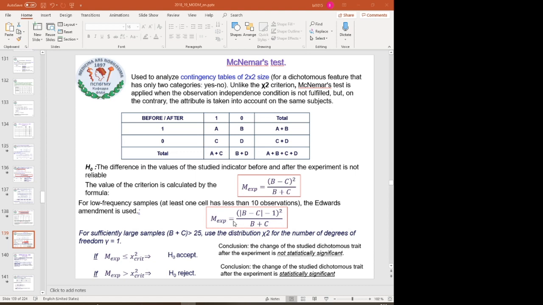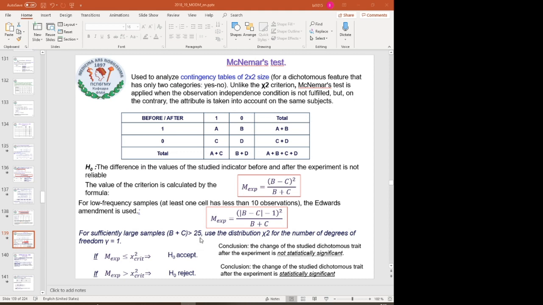Then, as usual, we should compare the experimental chi-square result with the critical value found in the chi-square critical values table when we have degrees of freedom equal to 1. This works only when B plus C is more than 25.